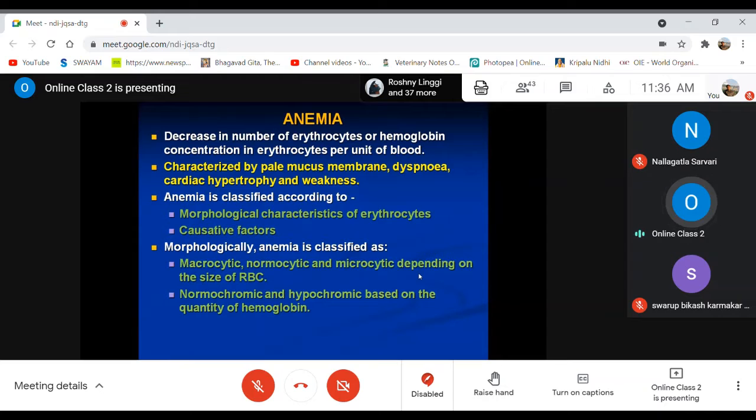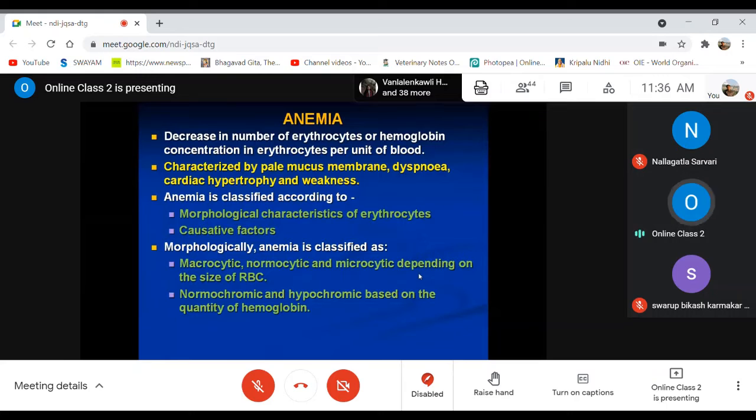It can be classified as macrocytic, normocytic, or microcytic anemia, depending on the size of the RBCs. Macro means larger, normo means normal size, and micro means smaller. So the size of the RBCs may vary in different anemic cases.